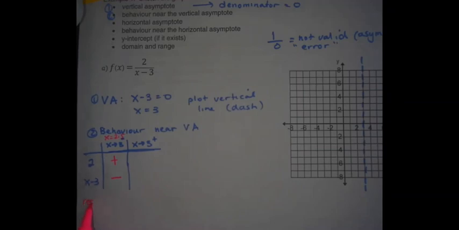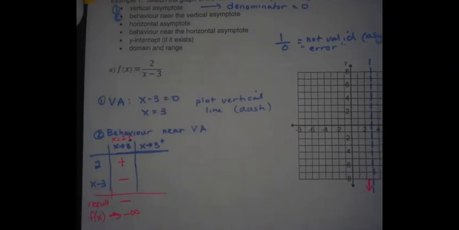So the result is that we're going to be extremely negative, way down here. So f of x is actually going to approach negative infinity.